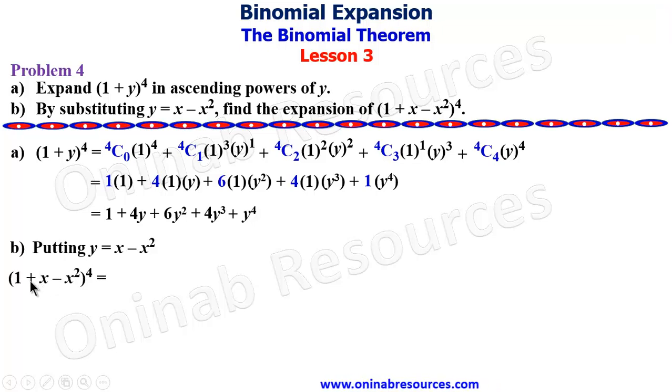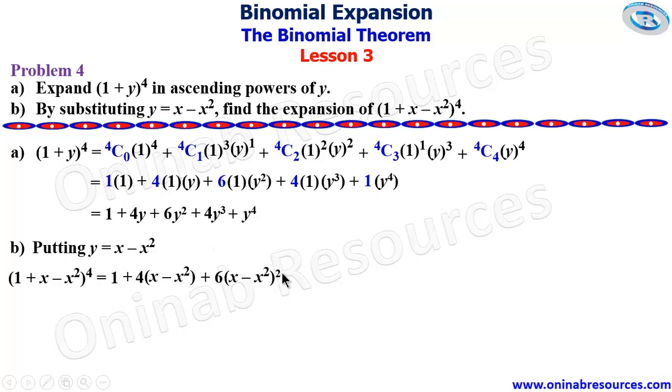We are going to have it as 1 plus 4 into x minus x squared, then plus 6 into x minus x squared all squared, plus 4 into x minus x squared to the power of 3, then plus x minus x squared to the power of 4.